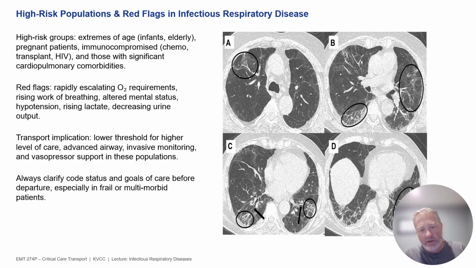Be smart with your decision making to make it easier on yourself, because the easier it is on yourself, the better it's going to go for your patient. Always clarify the patient's code status and their goals of care before you depart, if at all possible, especially in patients who are frail, or have multiple comorbidities.